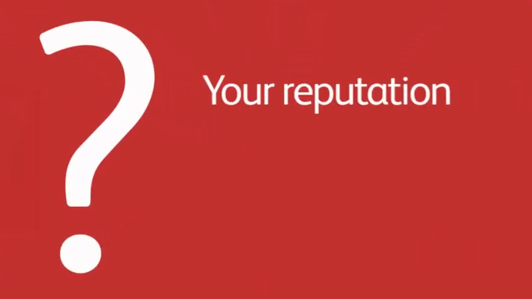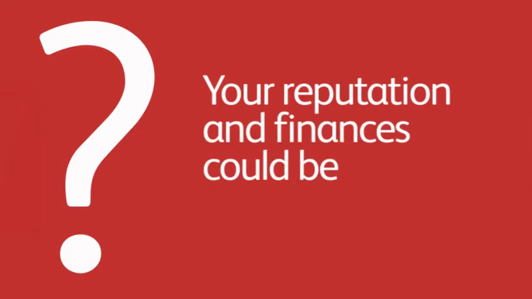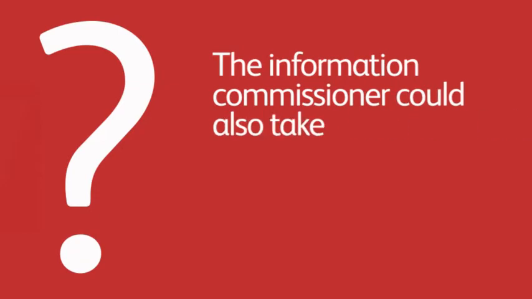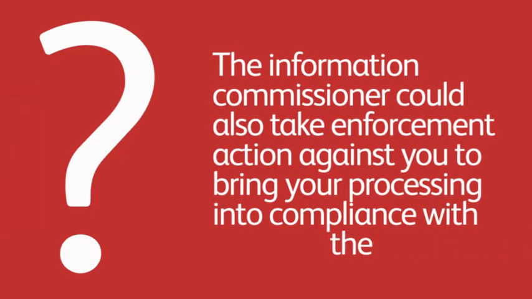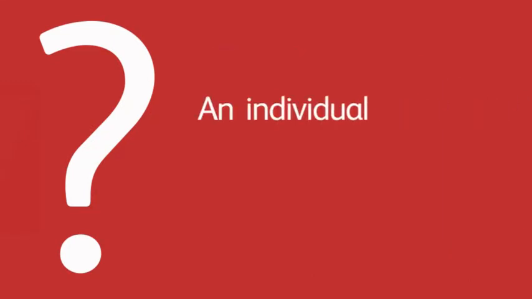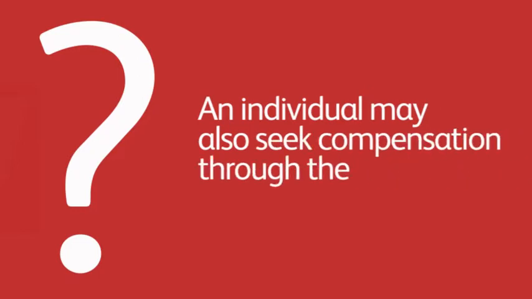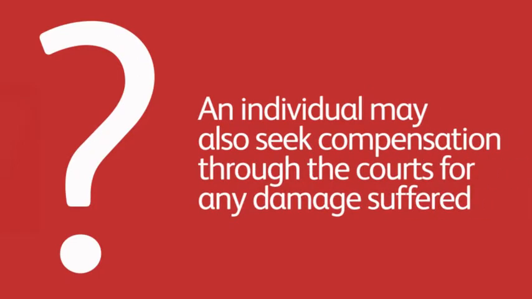Well, your reputation and finances could be seriously affected. The Information Commissioner could also take enforcement action against you to bring your processing into compliance with the principles. And an individual may also seek compensation through the courts for any damage suffered.